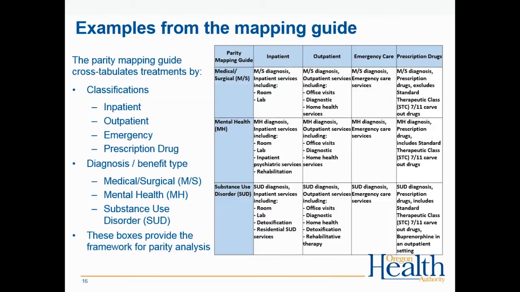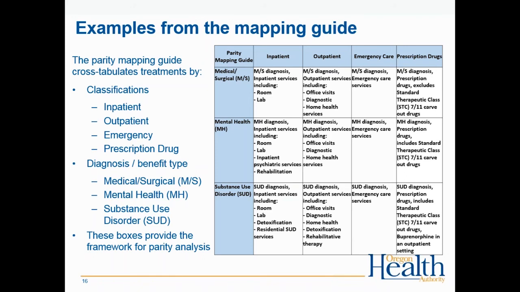Looking at the structure of the guide itself, basically we have this familiar list of classifications, inpatient, outpatient, et cetera. We're also looking at a breakdown between med-surg, mental health, and substance use disorder diagnosis and specifically treatments. The boxes provide the framework for parity analysis. Looking at the uppermost left box, we're looking at the intersection between inpatient and med-surg.